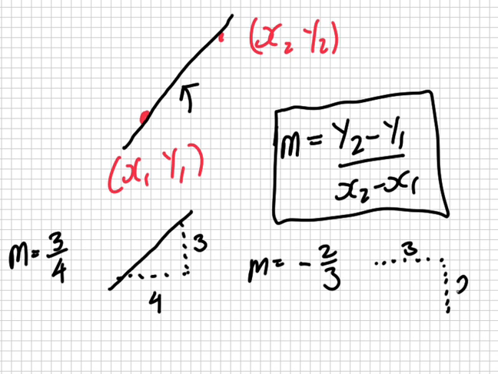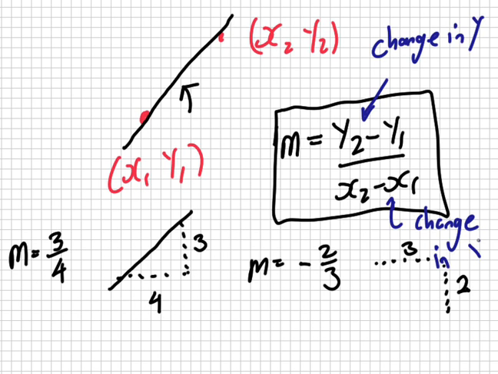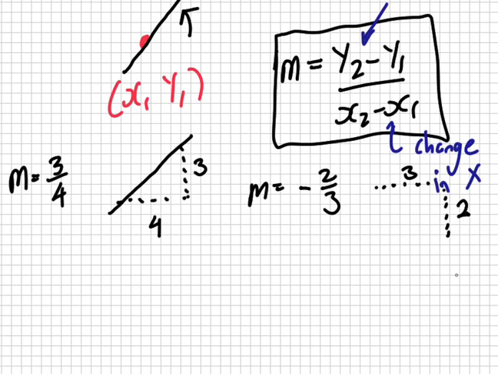Okay, so if you think about it like that, the top is the change in y, and then the bottom here is the change in x. Okay? Right, so that's all we really need to do the next question.